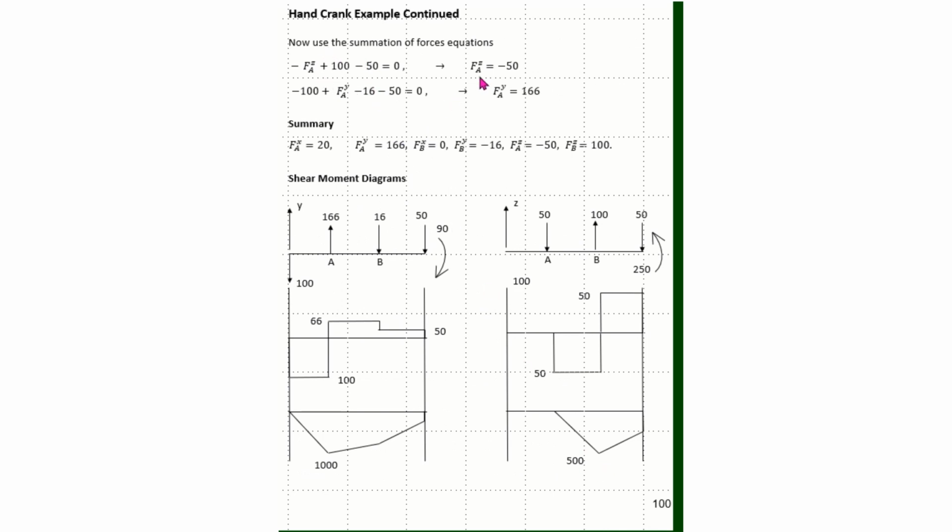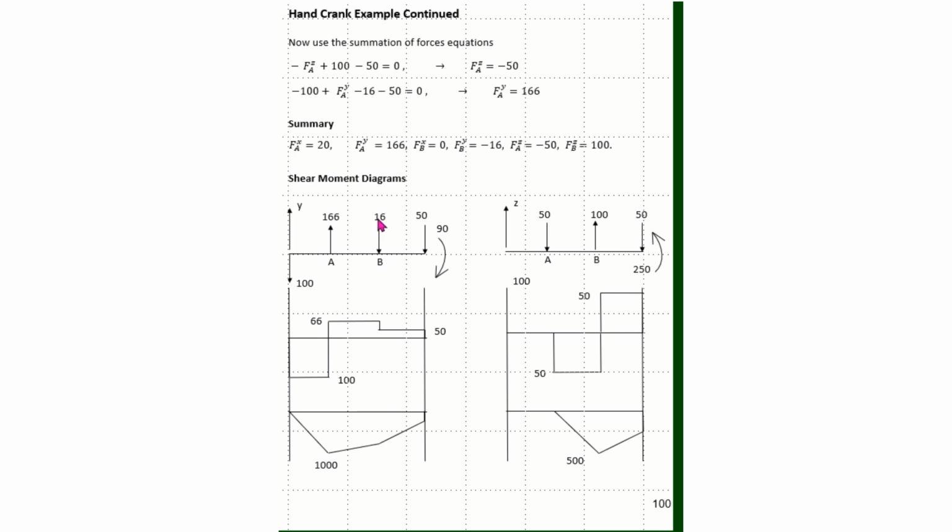So summarizing what I've been able to find, I can see that drawing my beam in the XY plane, I have a 166 force pushing up, a 16 pushing down.